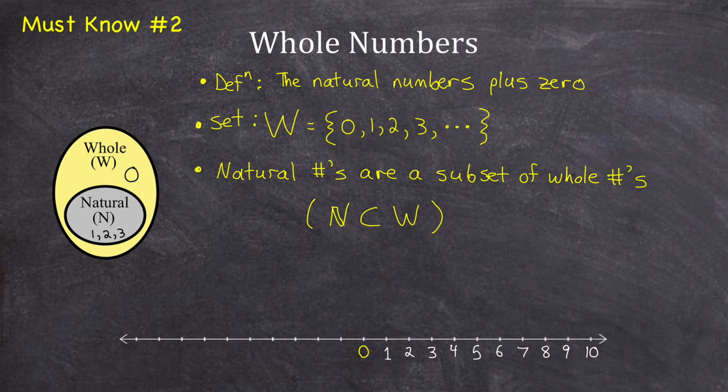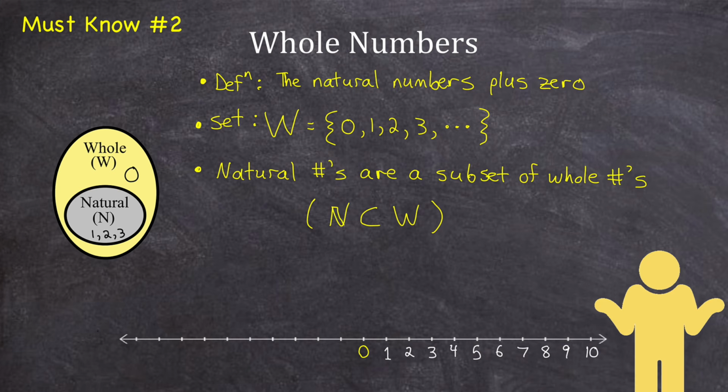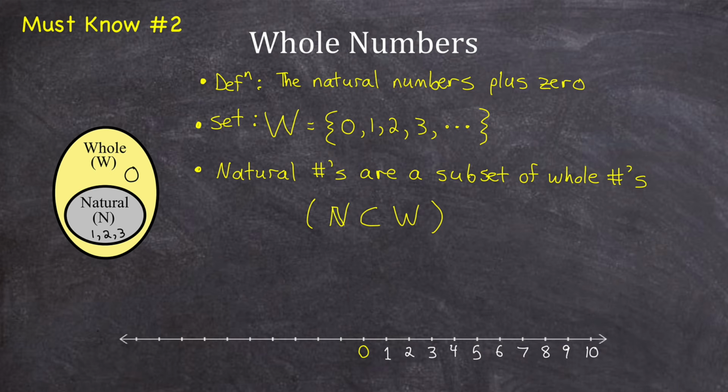They're all within the set of whole numbers. Now, the importance of whole numbers is that they include 0, which is essential for representing the absence of quantity and for serving as the additive identity in arithmetic operations. And whole numbers actually fit inside an even bigger set that's coming up next.